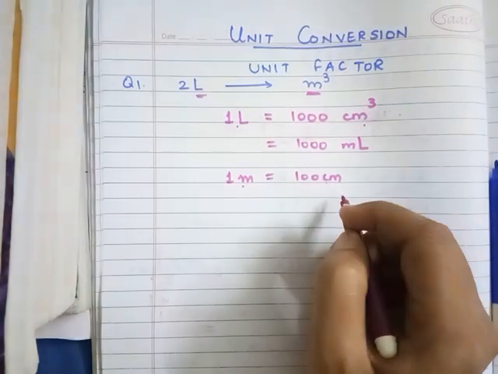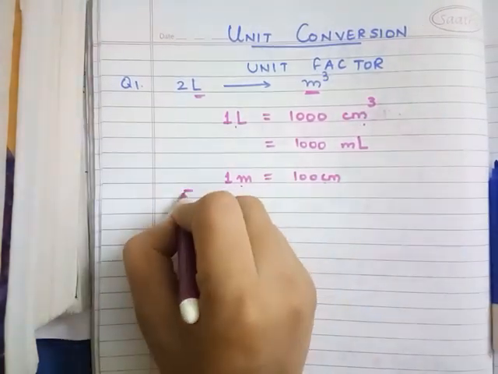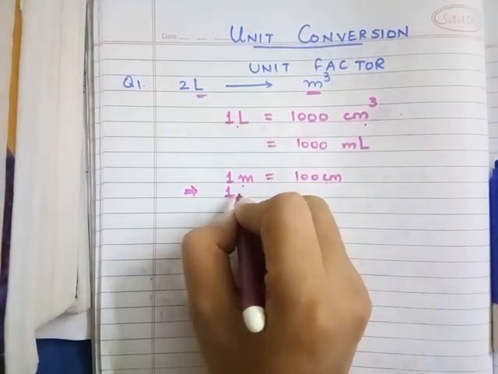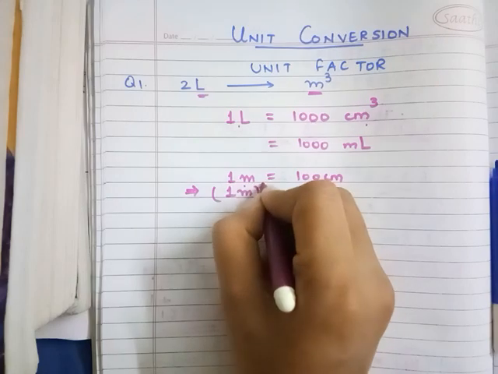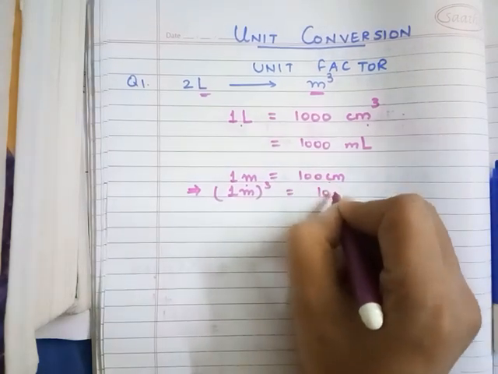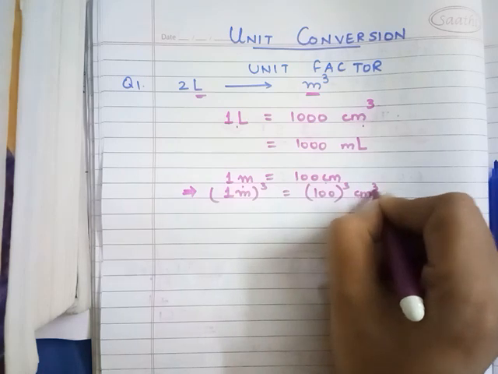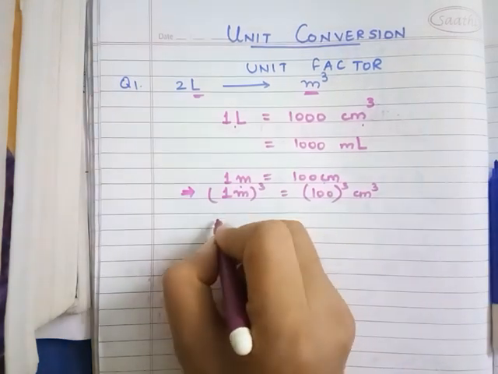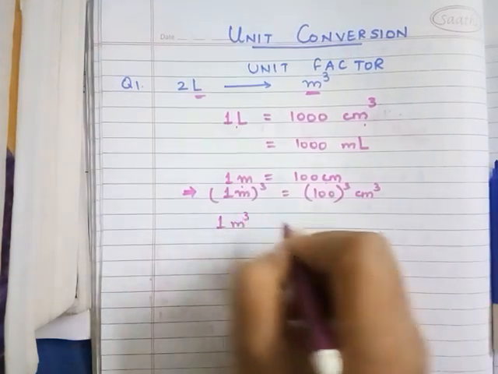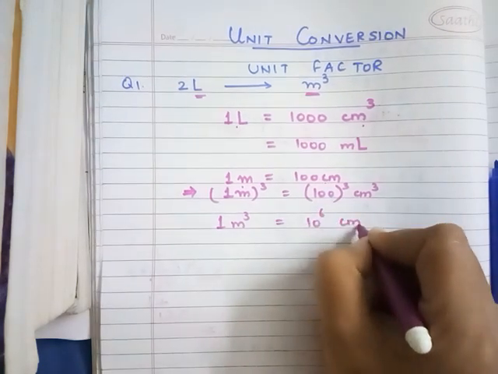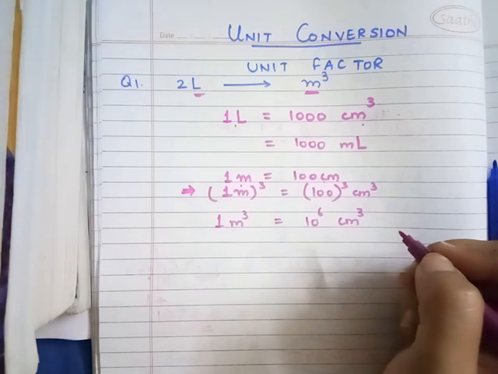So I have the relation from liter to centimeter cube, and I know the relation between meter and centimeter, but not meter cube and centimeter cube. So first I'll find the relation between meter cube and centimeter cube. 1 the whole cube is equal to 100 the whole cube centimeter to the power 3. So 1 meter cube is equal to 10 to the power 6 centimeter cube.